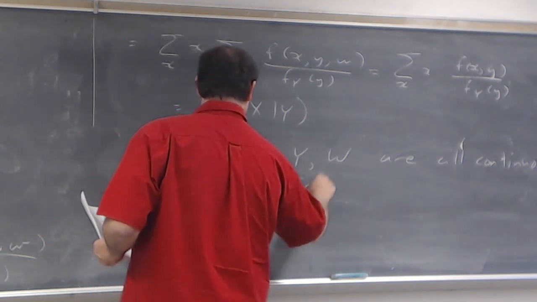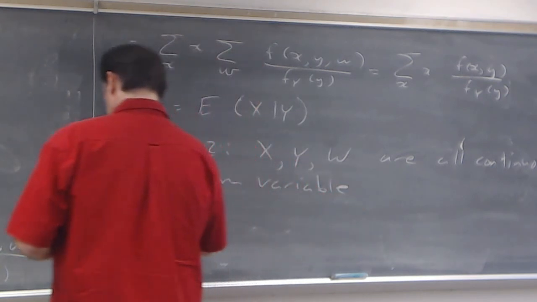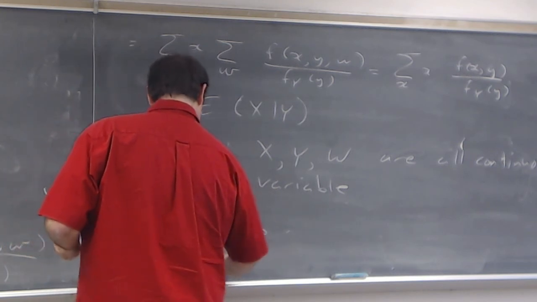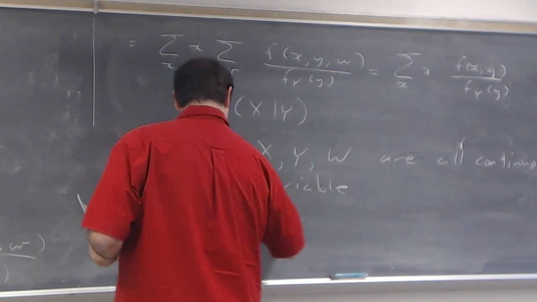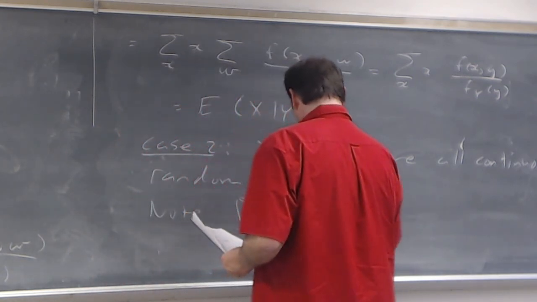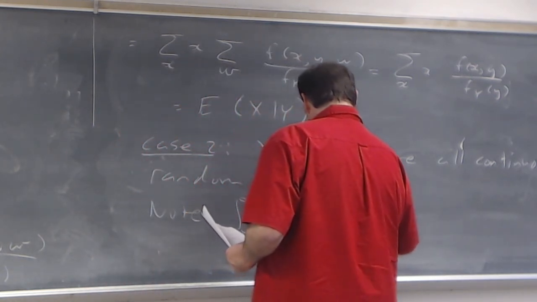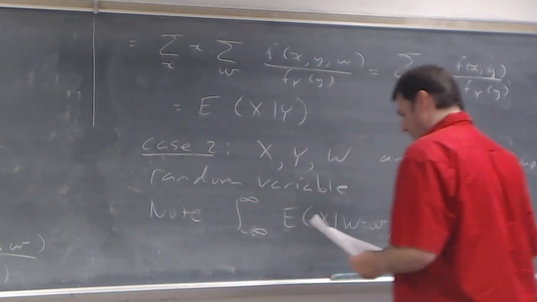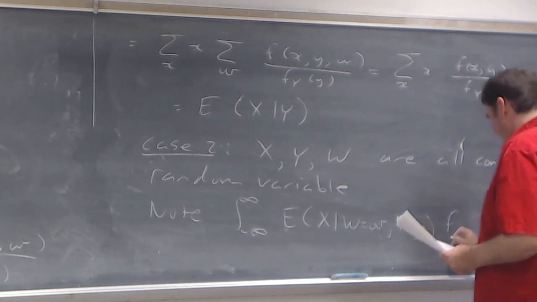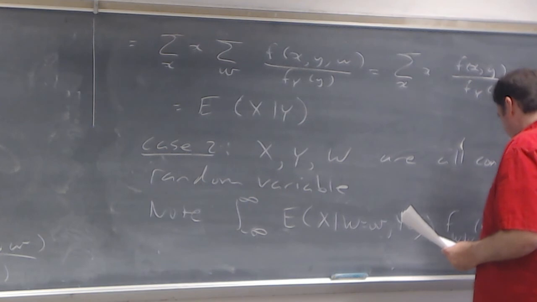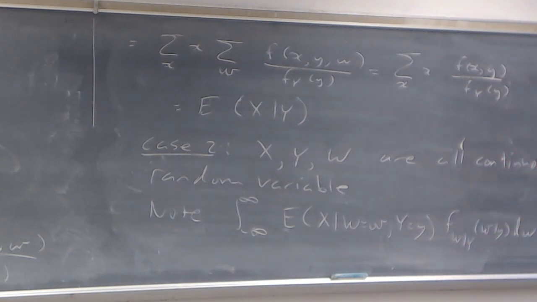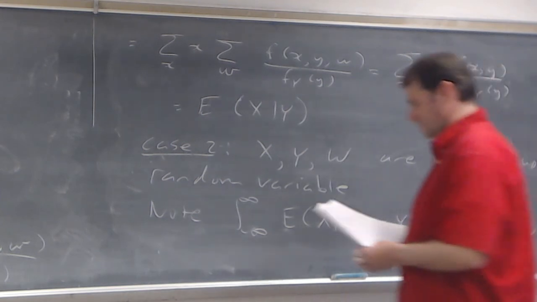So we look at the right-hand side of the statement we're trying to prove. So note, the integral from minus infinity to infinity of the conditional expected value of x given w equals little w and y equals little y, times f of w given y, dw. That's what we're looking at. What's it equal to?